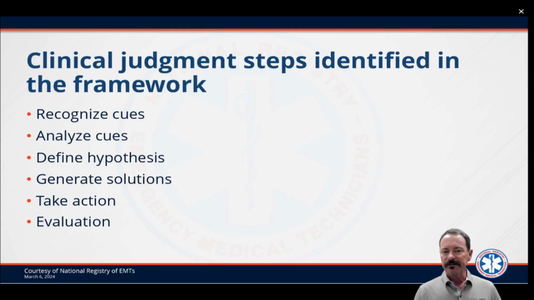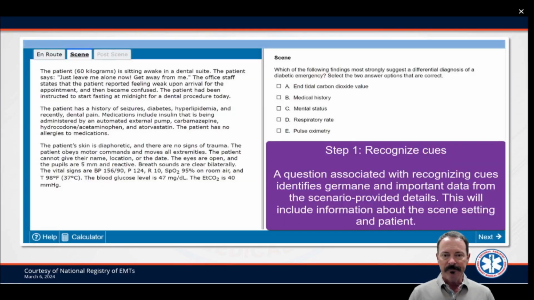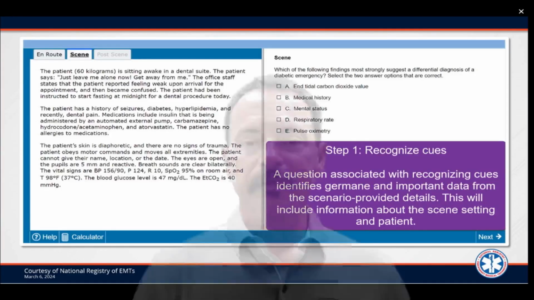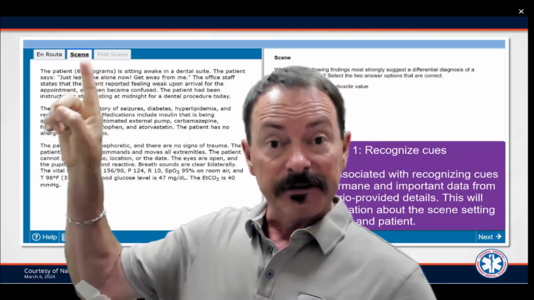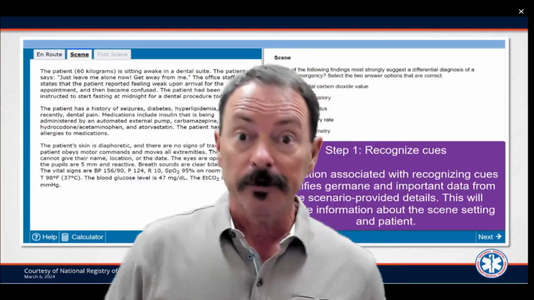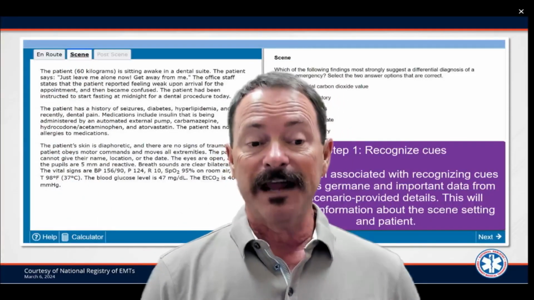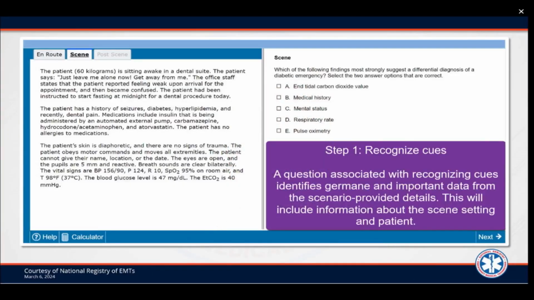So all of these have to do with clinical judgment steps that they're trying to test you on to make sure that you know. Okay, so let's go through that. Let's read a question. Let's look at it and see what's going on, because now we are on the scene. You can see up there in the very top part, now it highlights the scene. Okay, so we're at the scene and it's now given us this information.